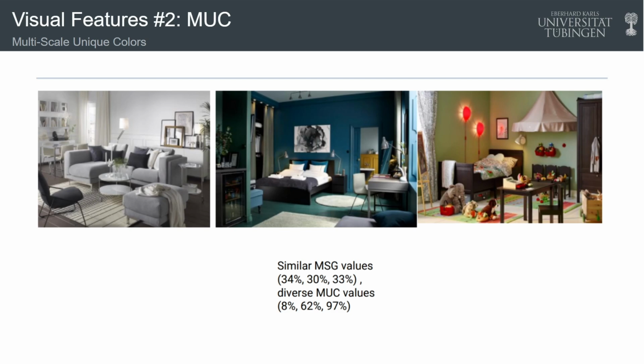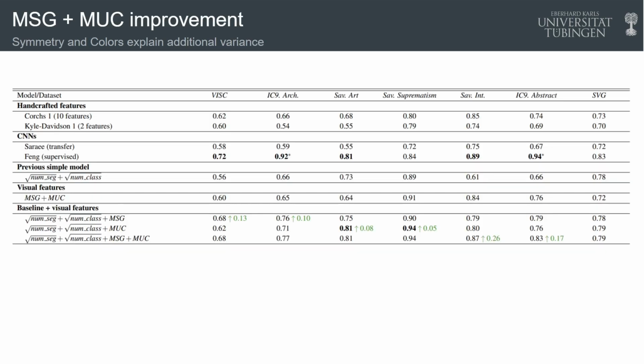With the inclusion of MSG and MUC, the baseline model's performance improves significantly, as shown in our results. We calculate each feature on the image, and then train a linear regressor using these features alongside the number of objects and segmentation classes from previous work.